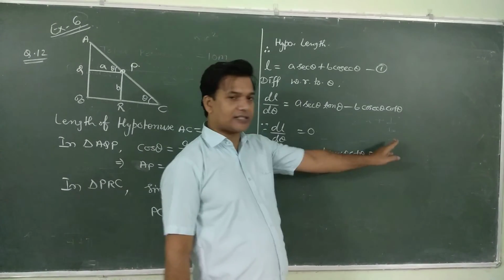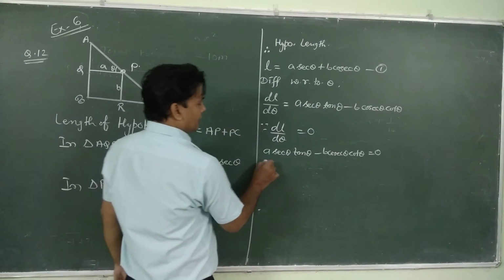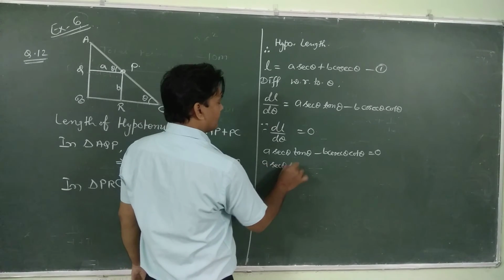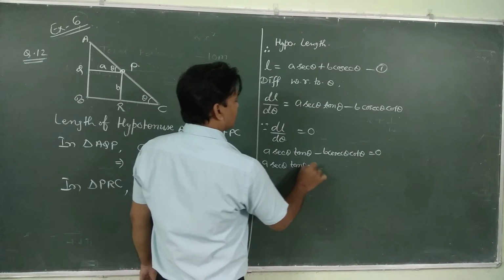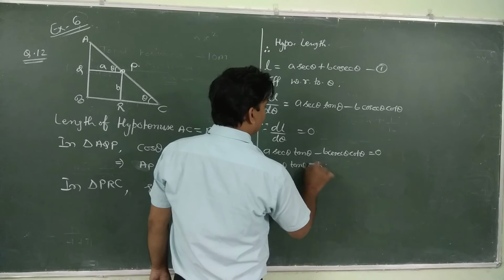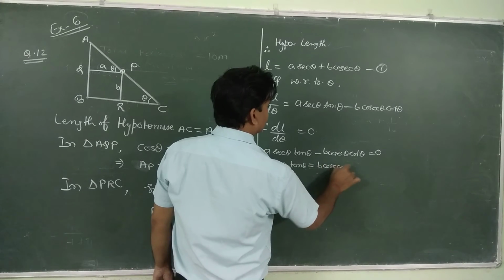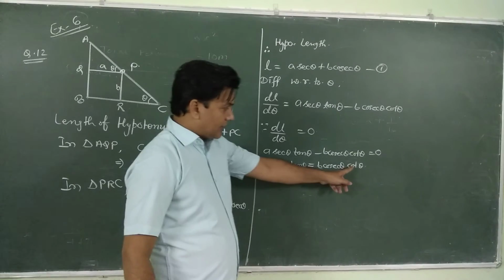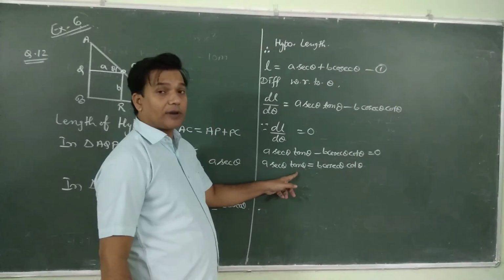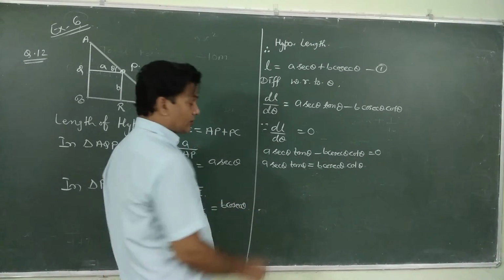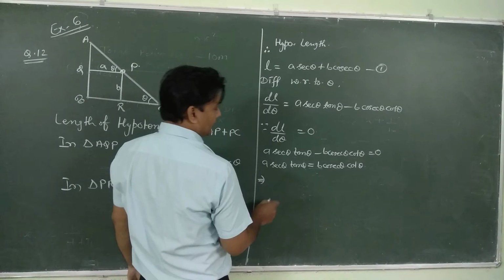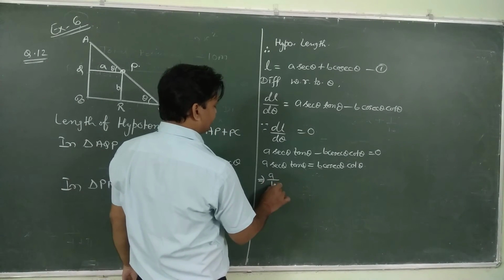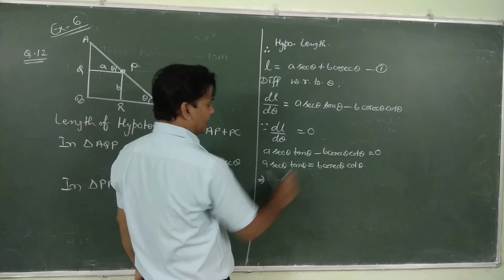Shifting this to the RHS, A sec tan equals B cosec cot. Dividing by cot on this side, 1 by cot is tan, so it is equal to A by B, or B by A on the other side.